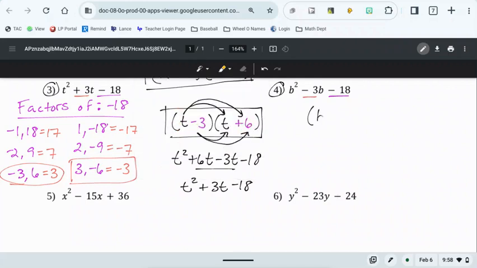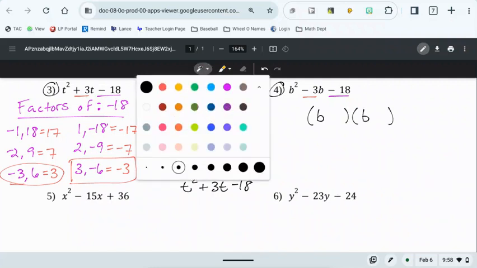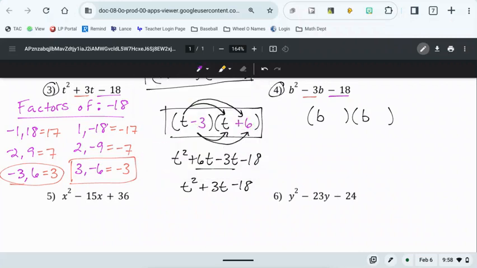So we have b this time instead of t. Right, here's our little outline, our little template. And our factors we said are positive 3 and negative 6. So that should be correct, but as always, we're going to check. b times b, b squared. b times negative 6, negative 6b. 3 times b, 3b.